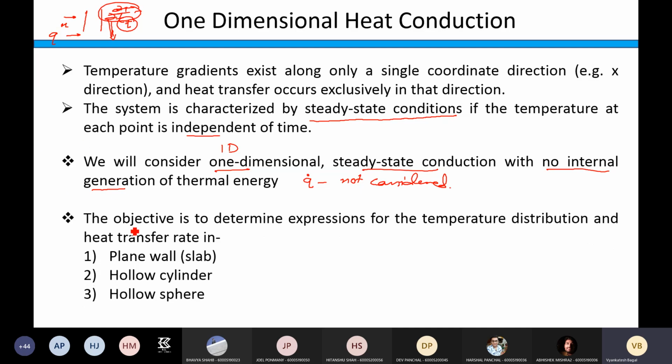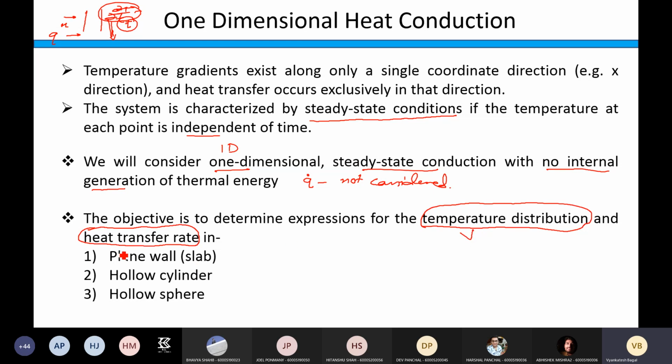What is the objective out of this? The objective is to determine the expressions for two important things: the temperature distribution, and the rate of heat transfer or heat transfer rate. The sole exercise is done to find out these two quantities.